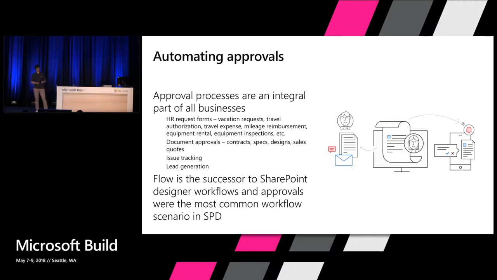We often, at Microsoft, send people across the world, sometimes to less safe regions. And you have an approval process that is established to make sure that you really have a true business need to go to a particular region of the world. And that's built on top of Microsoft Flow approvals. Of course, you have all of the things you'd expect, like contract approval, spec approval. All of these can go through the approval processes inside Microsoft Flow.